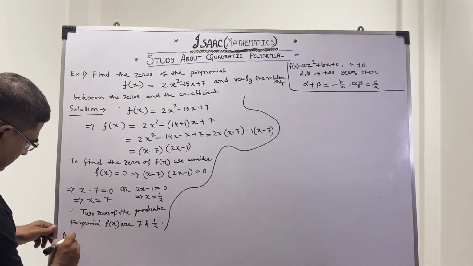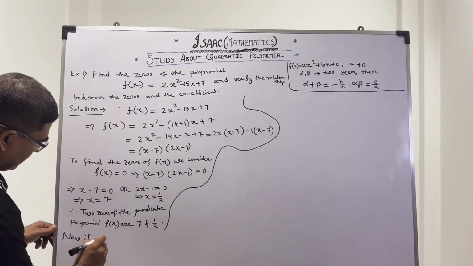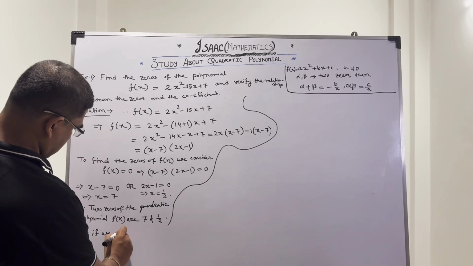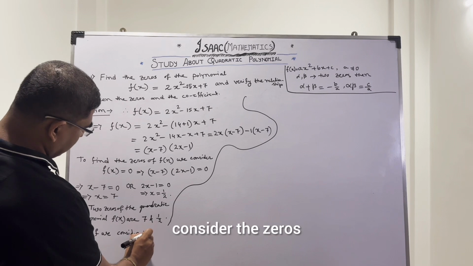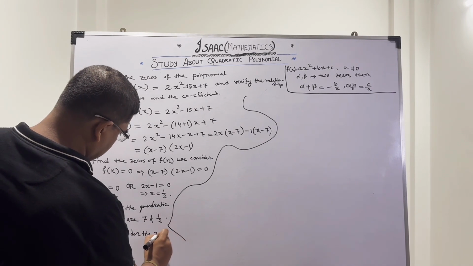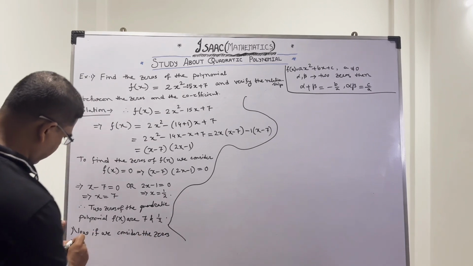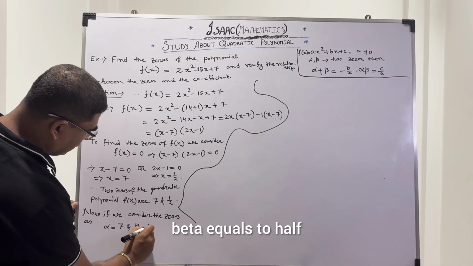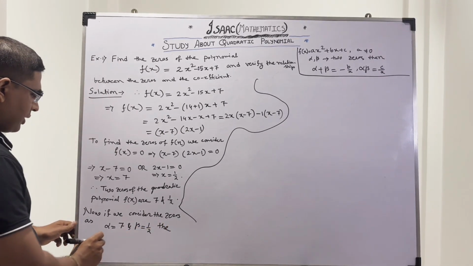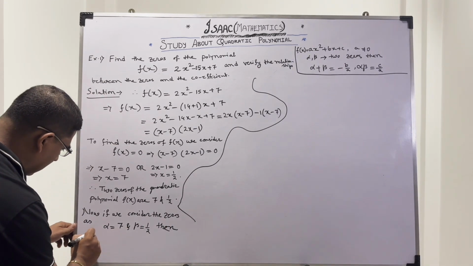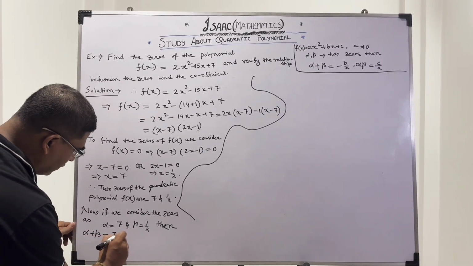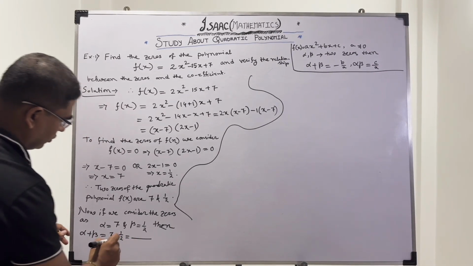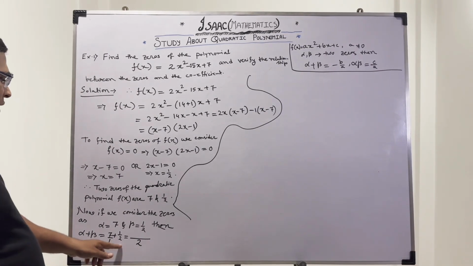Now if we consider the zeros as alpha equals 7 and beta equals half, then alpha plus beta is equal to 7 plus half, where the LCM becomes 2, because the LCM of 1 and 2 is 2.